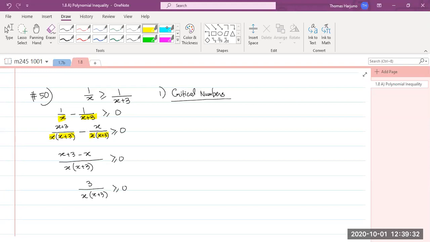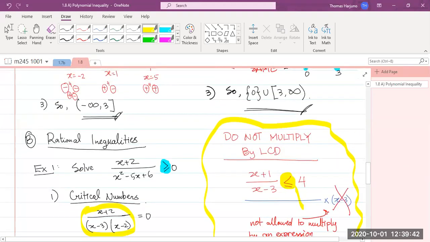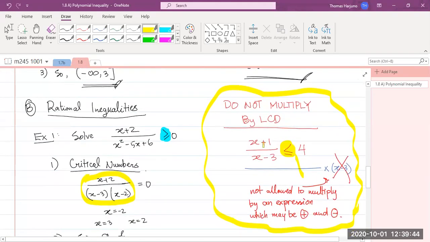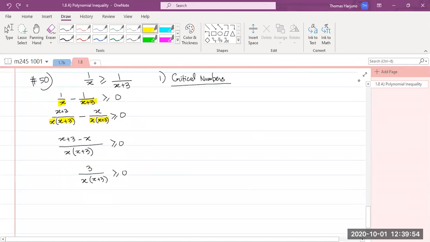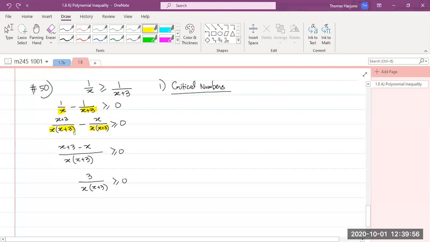I didn't multiply by the LCD. I find the LCD, but I didn't multiply the inequality by the LCD. But that doesn't mean we don't look for the LCD. I look for the LCD, but I didn't multiply by the LCD. I just simplify this side here. Okay, I got you. Thank you.